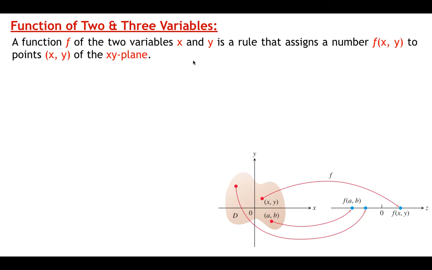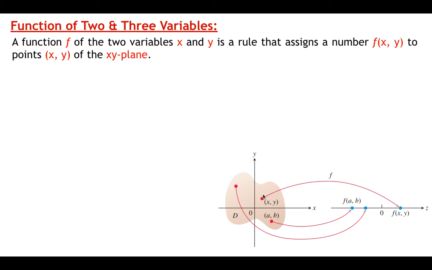If there are points on the xy plane which are written as an ordered pair (x, y), and for every such point there is a rule f which assigns a number f(x, y) corresponding to the point (x, y) in the xy plane, then we call this a function of two variables.